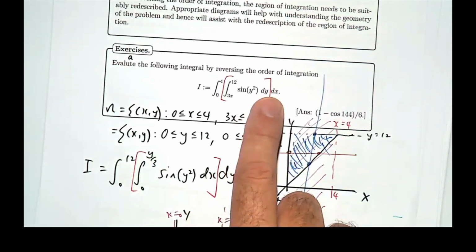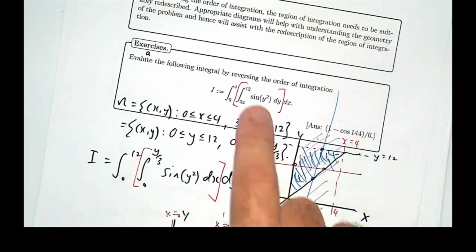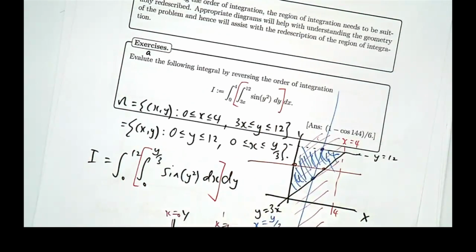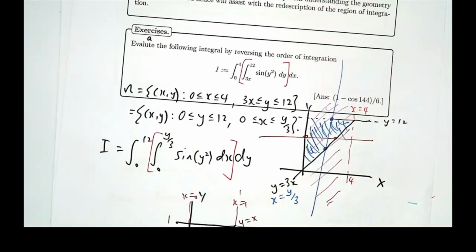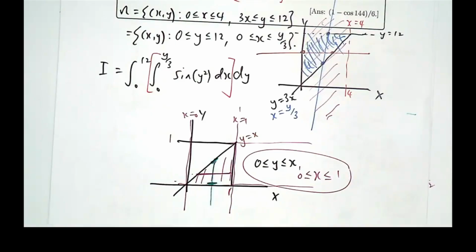So instead of dx dy, we redescribe the region and we get dx, instead of dy dx, we flip it and we get dx dy, all right? Now, I did show you or at least I mentioned when I did this example, there is another way that you can solve these problems using integration by parts. So I'll do that maybe in the second lecture. But they don't really want you to do it that way, okay?